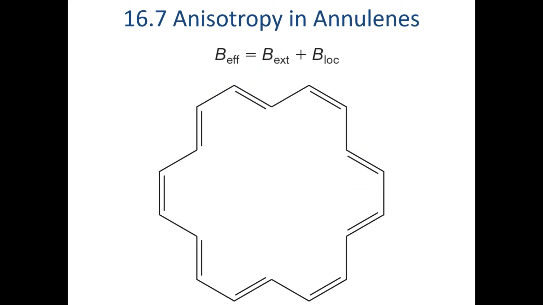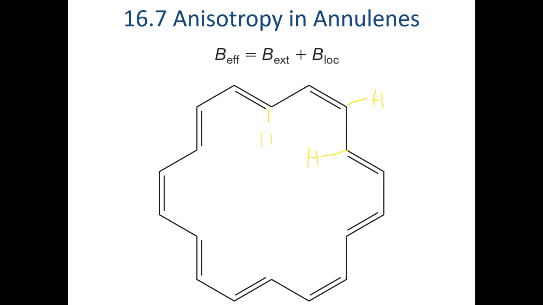Annulenes are aromatics that are larger than six members, usually all carbons. So here's an example of an aromatic molecule. It has p orbitals all the way around. It can have a ring current that goes all the way around. Unlike benzene, though, it has protons that are both on the outside that will have an increased magnetic field, and we actually have some protons that are on the inside as well.